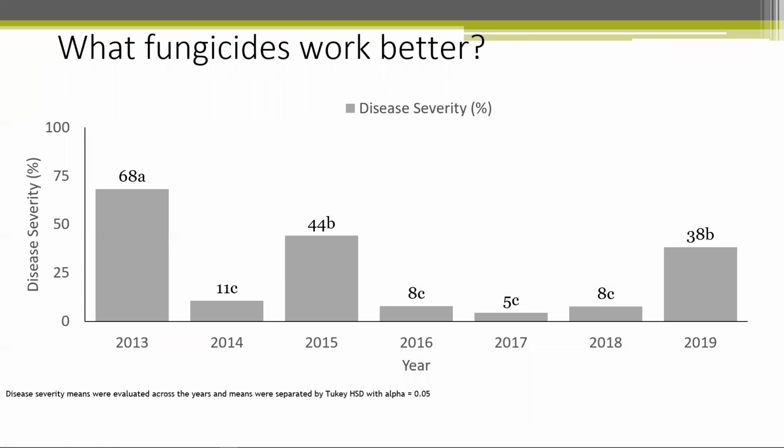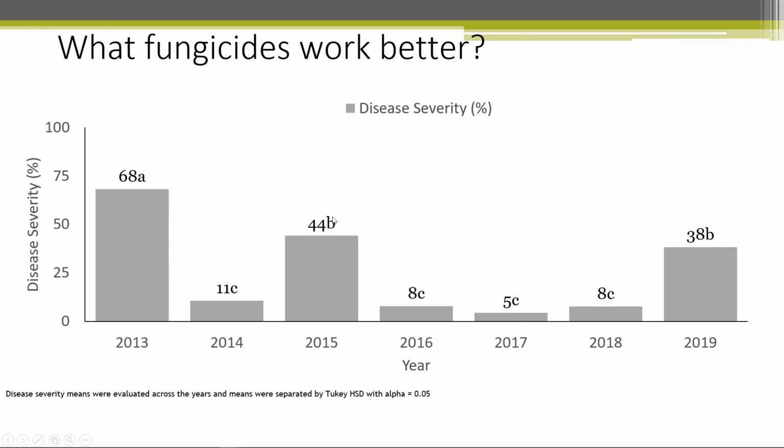And so in general, we know a fungicide is needed more on our highly susceptible and moderately susceptible varieties, but are there fungicides that work better? With that, one of our studies, which was over a longer course of time at one location, shows variation in the amount of disease we saw each year, anywhere from 68% all the way down to 5%.